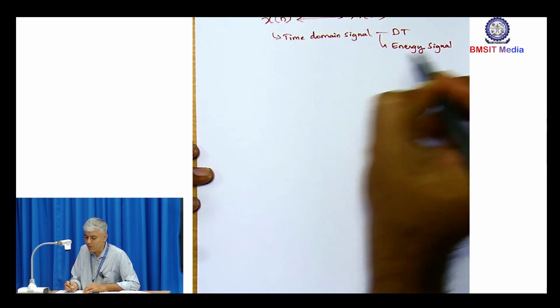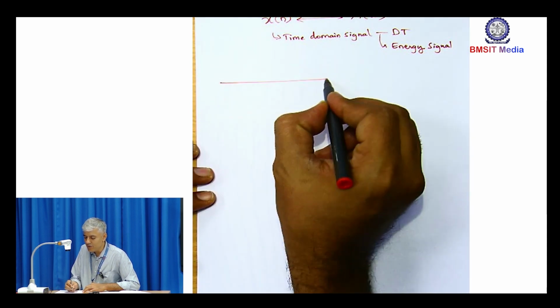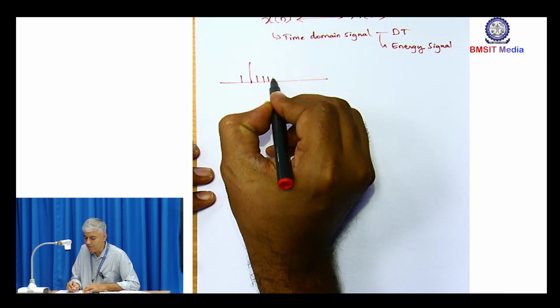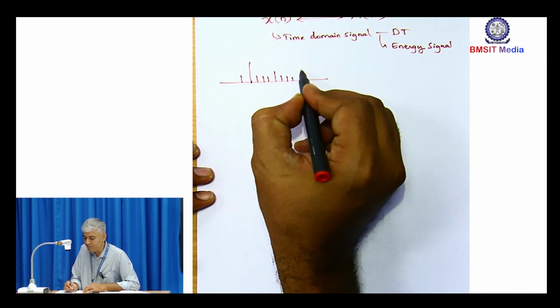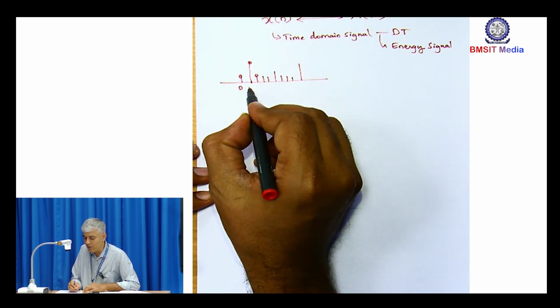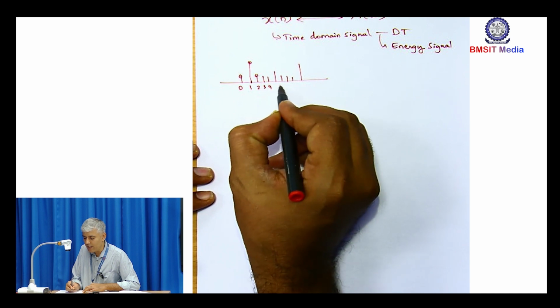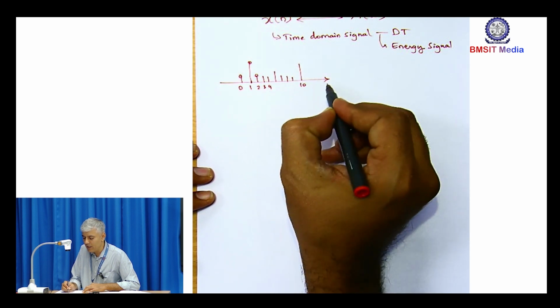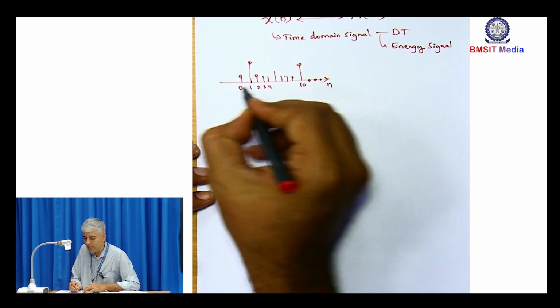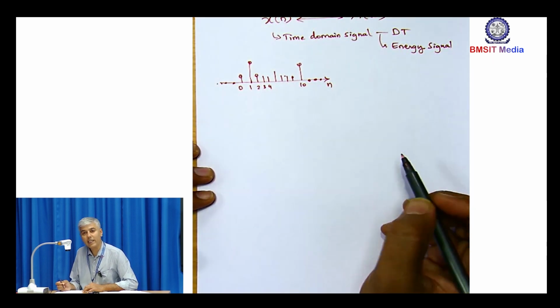So they are going to have small bursts, for example this kind of signal. Say it is defined over 0, 1, 2, 3, 4, 5, 6 up to say 10, and beyond that the samples die, or even before that the signal is 0.